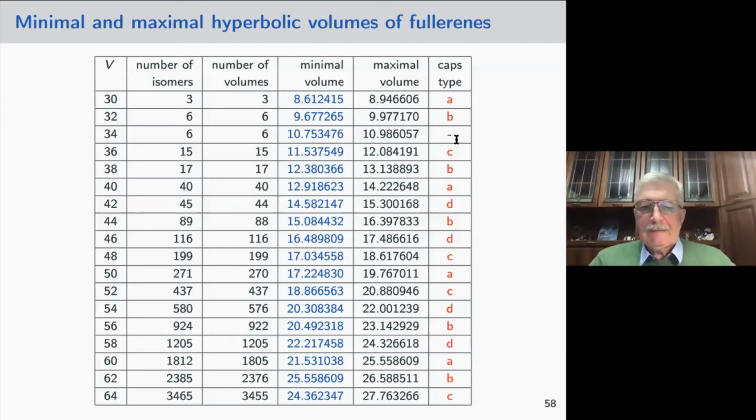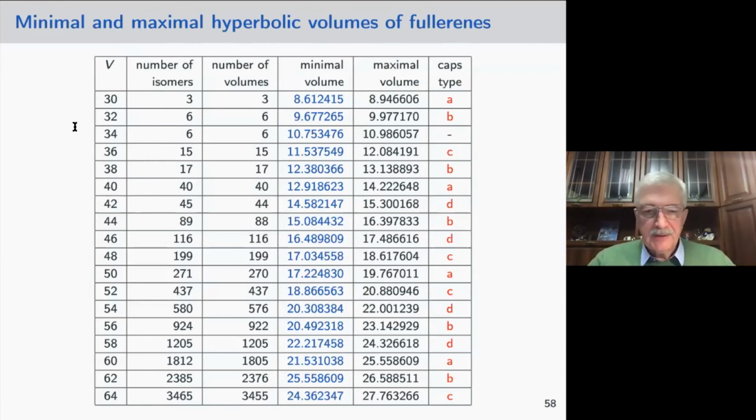At the beginning, we started calculation with 20, not with 30. But for 20, the structure is too simple. You cannot recognize this. Maybe some degenerate tube. So we see that minimal volume hyperbolic fullerenes are those with the maximal Wiener index.